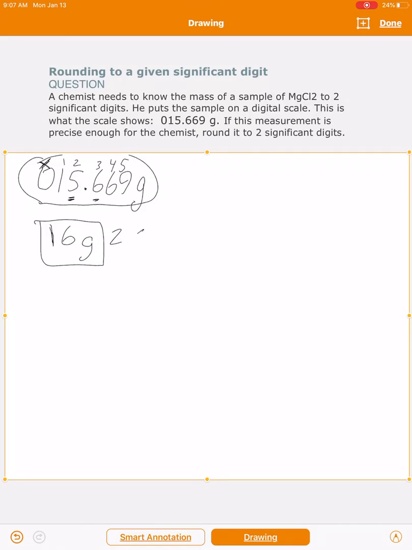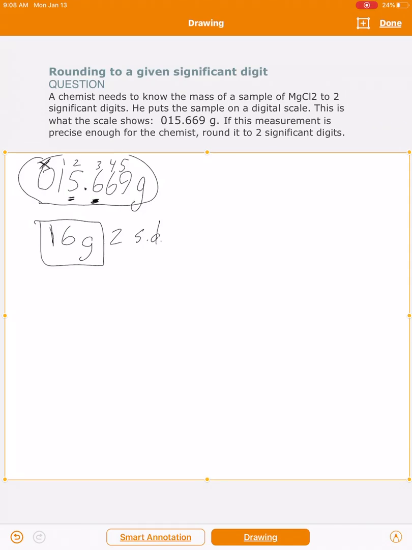So 2 significant digits. Suppose we wanted to have it to 3 significant digits. Then we would come over here to the third digit. The third digit is a 6, so it's 15.6 if you truncated everything after it. However, the number that comes after that 6 is also 5 or greater, so we would round this one up by 1.